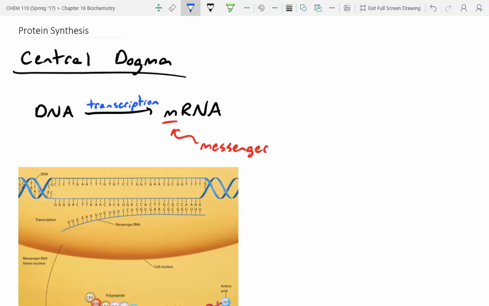And you have a bunch of cellular machinery that will actually read along your DNA and copy it over into messenger RNA. So at that point, your messenger RNA will travel outside of the nucleus through these miniature pores, and then it will find something called the ribosome, and then it will get converted into a protein. This second process where mRNA gets read into a protein is called translation.